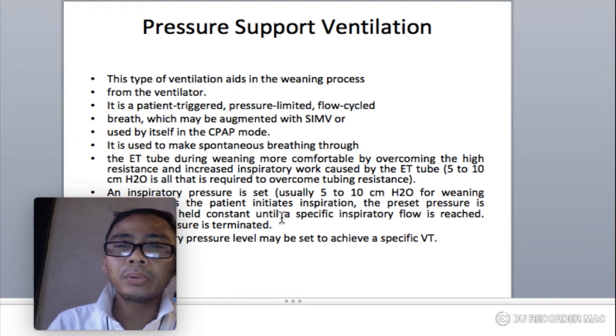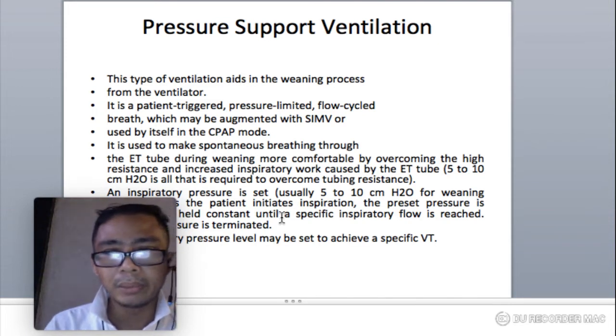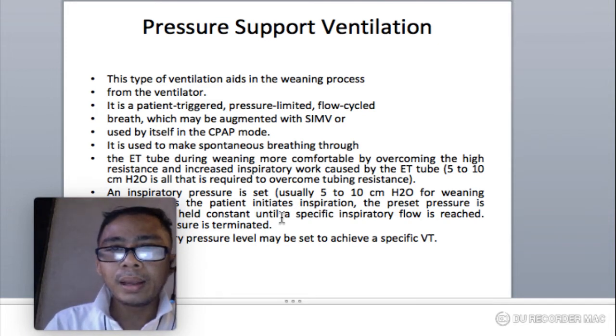Your support is a ventilator or respirator like Hamilton, and you wean the patient. The weaning process is training or practicing your patient to breathe on his own. The patient must be able to regulate his own breathing. Again, the patient must be able to initiate his own spontaneous breath, no?